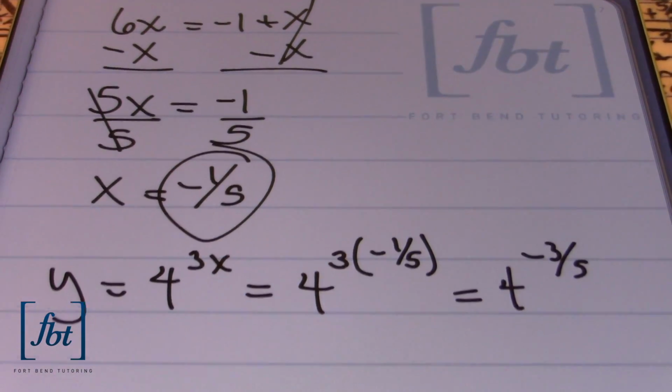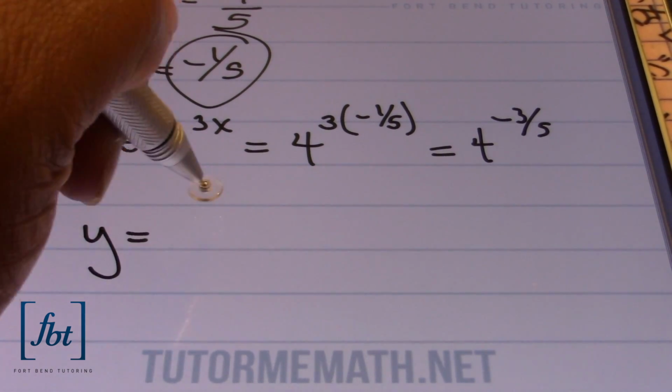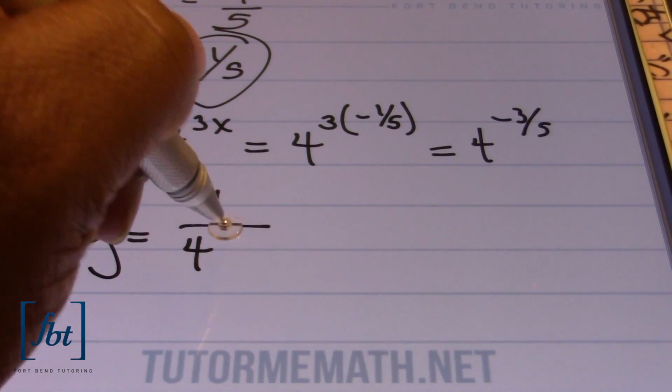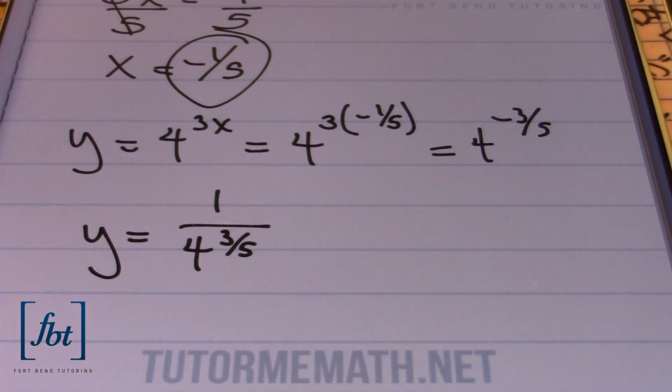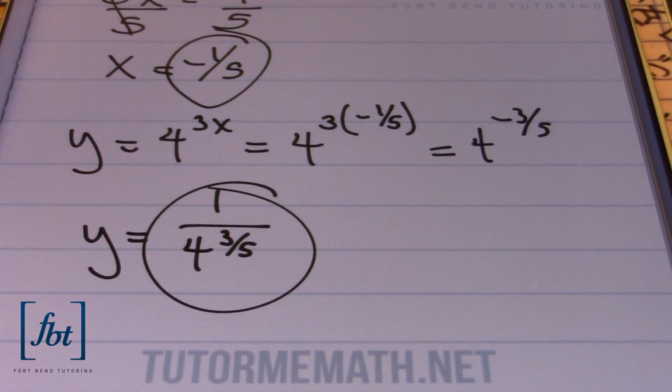Well, you're not going to leave a negative exponent most likely. So you'll have a value for y, which equals 1 over 4 to the 3/5 power. Of course, that's ugly and all, but that's the right value. So I'm going to say that that's the value of y.